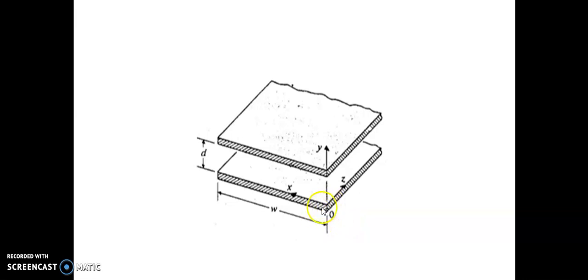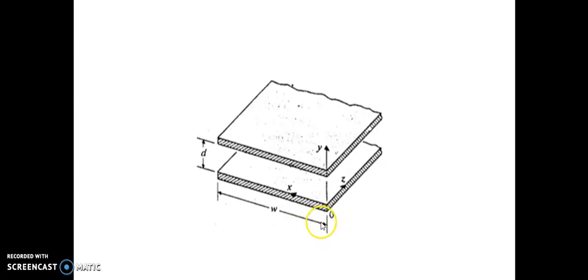This point is chosen as the origin of the coordinate system. So, the lower conducting plate corresponds to y equal to 0, and the upper conducting plate corresponds to y equal to d. So, y equal to 0 and y equal to d. These are the boundaries, and the boundary conditions are to be satisfied at the boundaries.